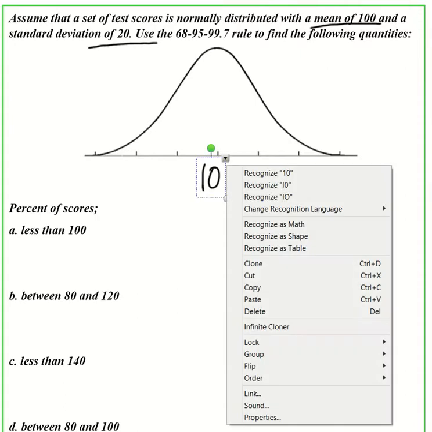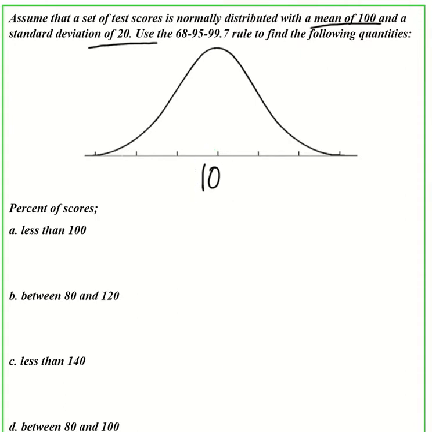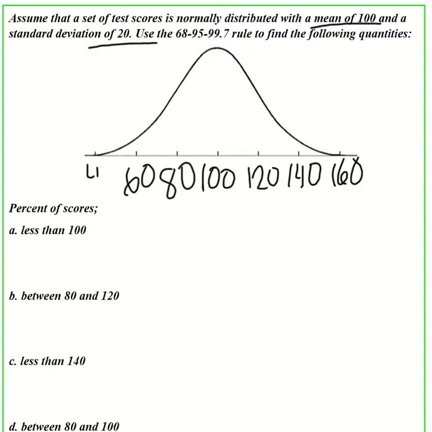If it has a standard deviation of 20, if I go up 1, it should be at 120. If I go up 1 more, it should be at 140, and then the third standard deviation should be 160. And then we can go the other way, 80, 60, and 40.